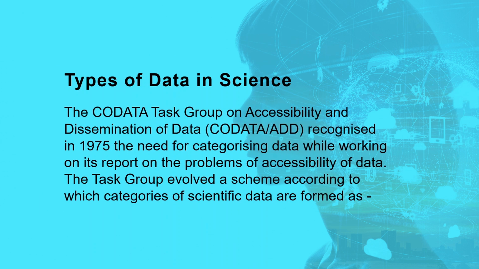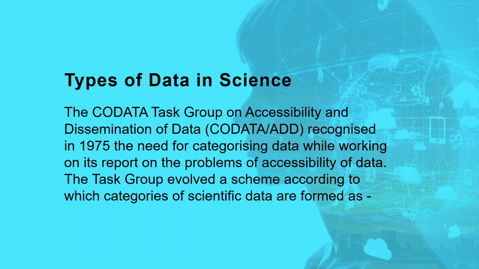The CODATA task group on accessibility and dissemination of data recognized in 1975 the need for categorizing data while working on its report on the problems of accessibility of data.